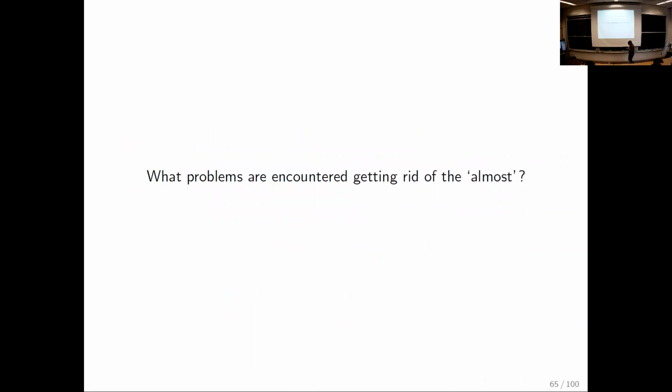Now, as it has been pointed out before, there is a significant problem with trying to get rid of this almost part. Everything is defined when there's a probability measure and you're looking at a null set, or you're looking at something which is universally null, which doesn't carry any probability measure.